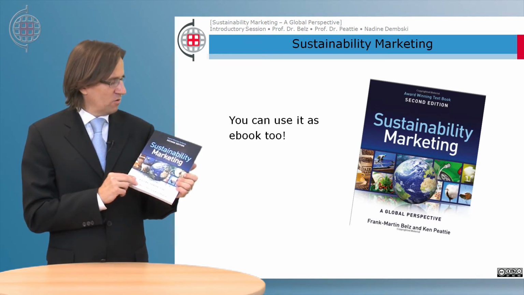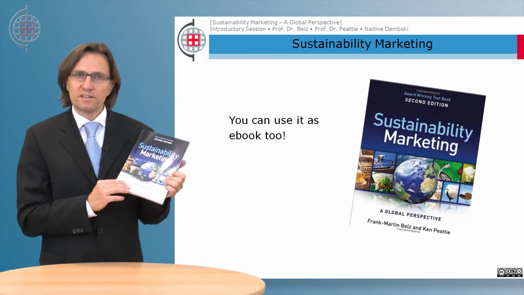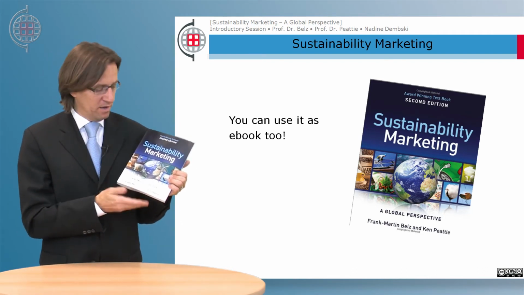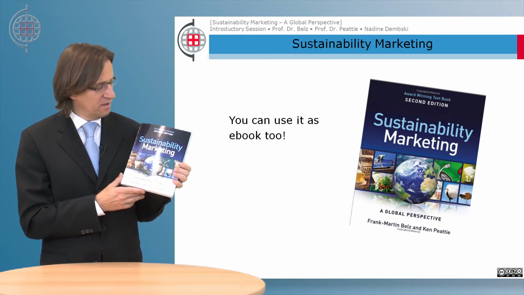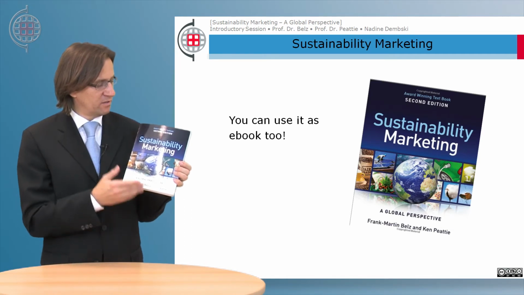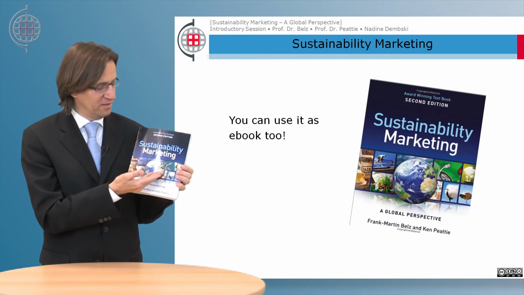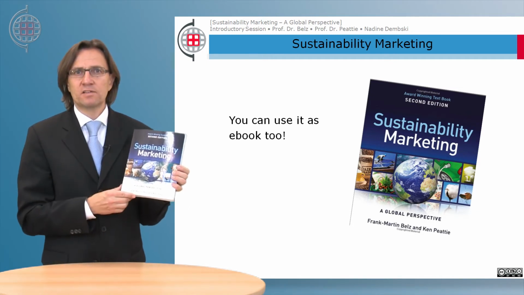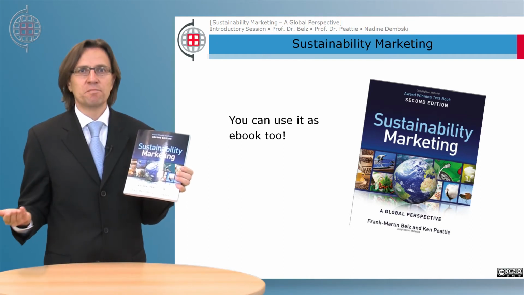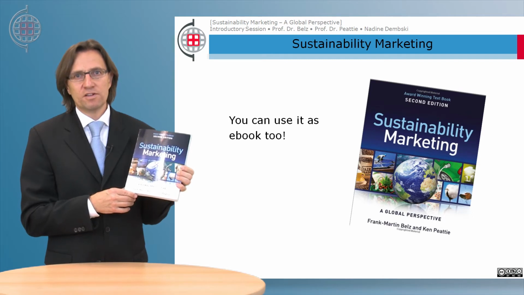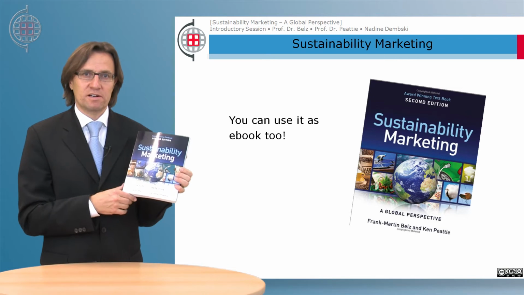It was released in August 2012, and it's a textbook written by myself and my colleague Ken Peattie. And as you can see from the title and the pictures, it's Sustainability Marketing: A Global Perspective. So here you can see the globe, and it really covers sustainability marketing cases from all over the world, from different regions, including Western Europe, North America, South America, Africa, and Asia.